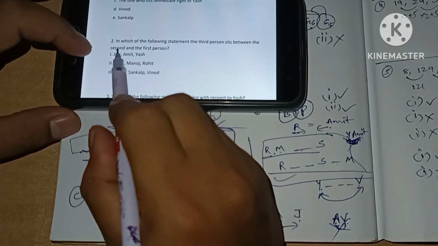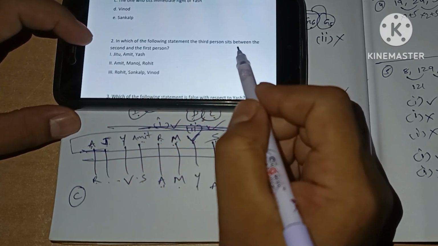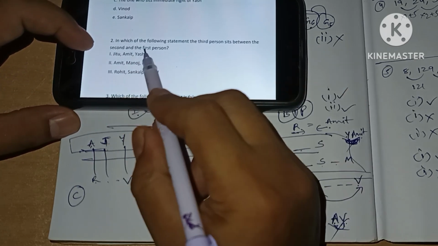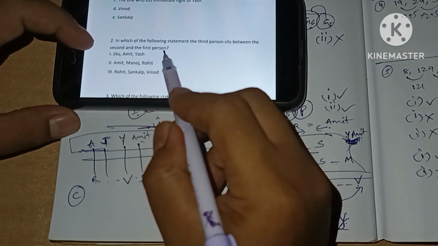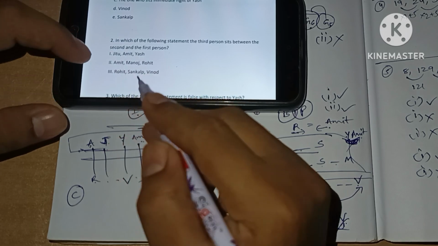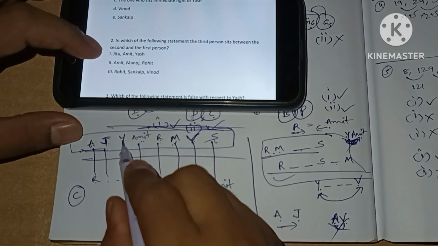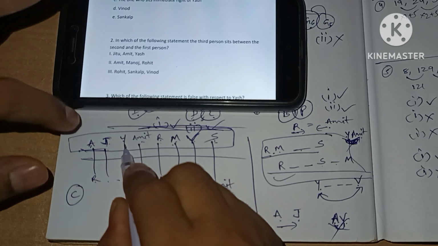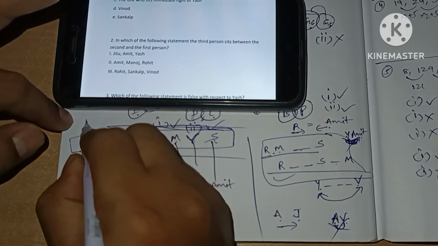Second question. In which of the following statements does the third person sit between the second and the first person? Wait a second. This one sits between these two. Let's check. Yes, it sits between Jitu and Amit. The first one is true.